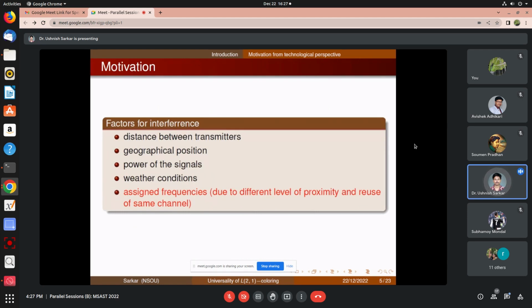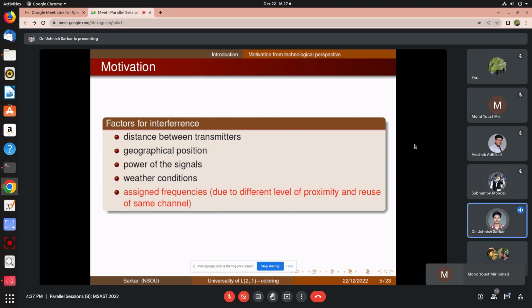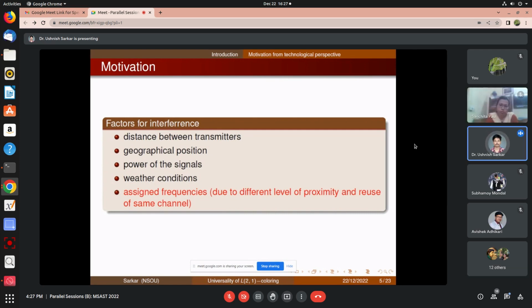So, in a nutshell, the factors of interference can be listed as the distance between transmitters or transceivers, their geographical position, the power or strength of the signals, the weather conditions as well, and the assigned frequencies as well.